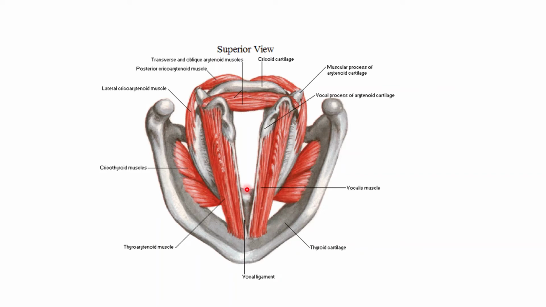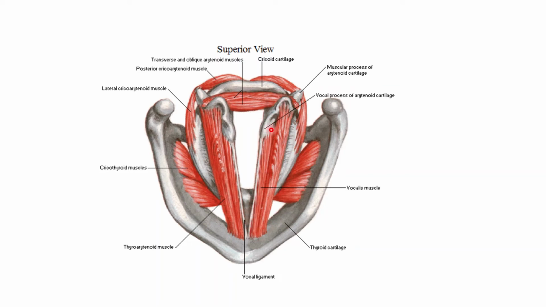And as we can observe here, the entire vocal fold, which is extending from anterior to posterior, is partly membranous in its anterior 3/5 and it is cartilaginous in its posterior 2/5. So in the anterior part, it is membranous as it is formed by the ligament and the muscle.